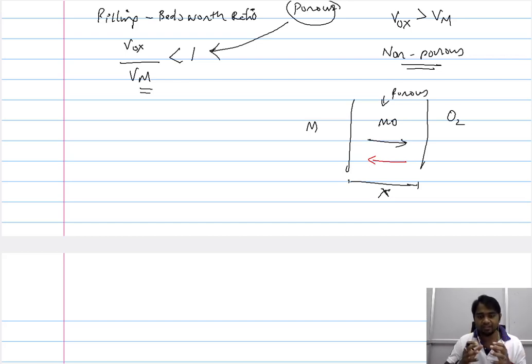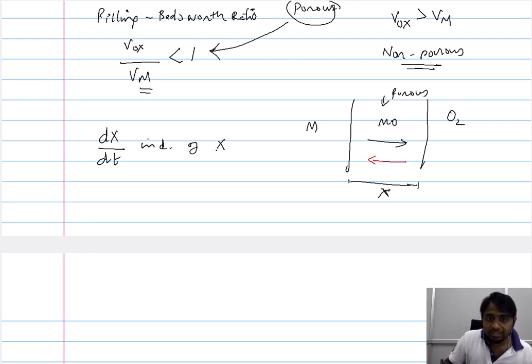So in that case, the rate of the oxidation, which is expressed theoretically as the change in the width of the metal oxide, is independent of the thickness of the metal oxide.